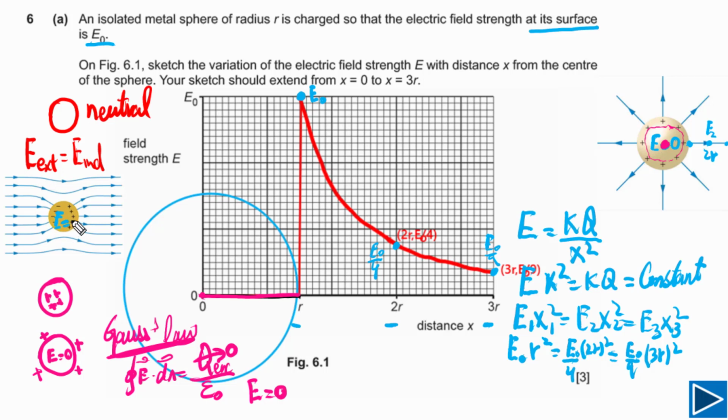So E is equal to 0. In this case, the electric field inside the metal sphere is also 0 when we place it inside an external electric field. The same concept can also explain why the electric field inside an isolated metal sphere is equal to 0.